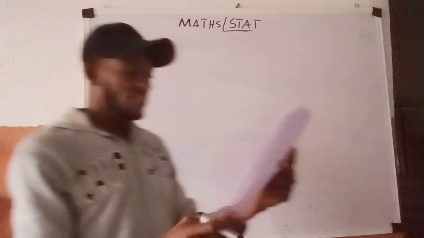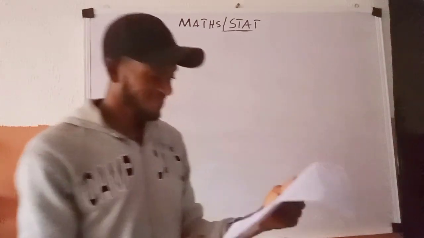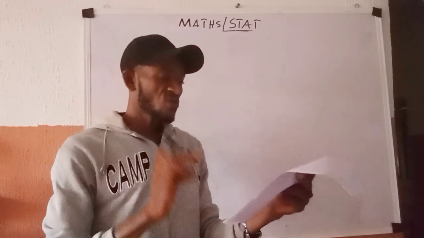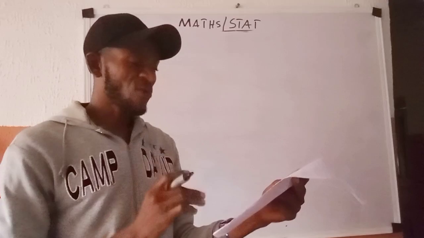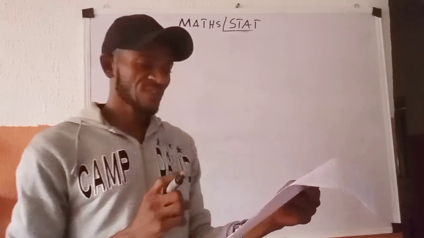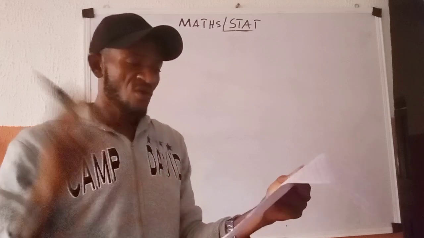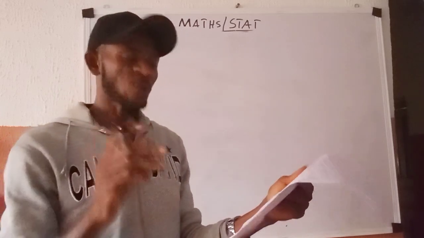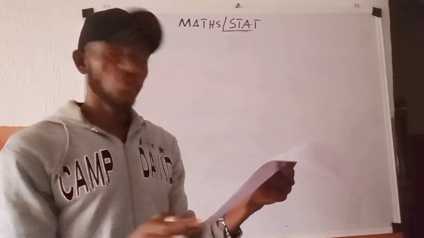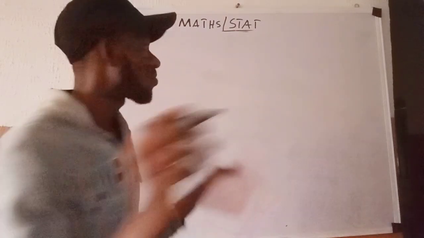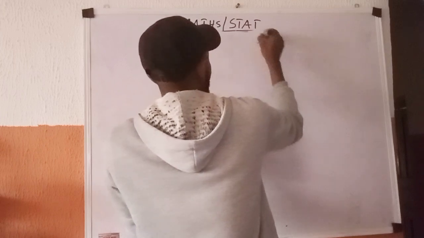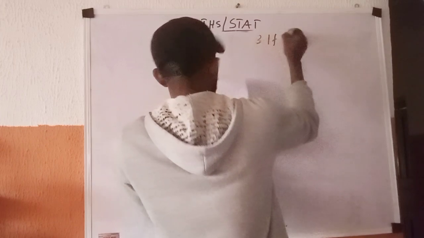Okay, this question says, and I write, if P equals cosec theta minus cot theta, and Q equals cosec theta plus cot theta inverse, which of the following is true? Let me call it question number 3.